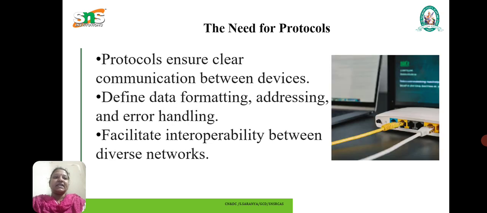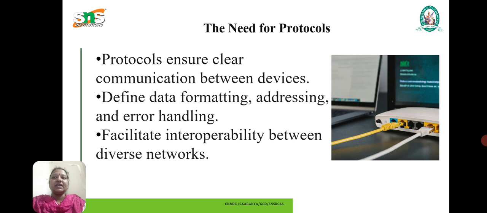The next is the need for protocol. Just like humans need a common language to understand each other, devices also require protocols to communicate efficiently. Protocols establish a set of rules that govern how the data is formatted, how devices identify themselves on the network, and how errors are detected and corrected.